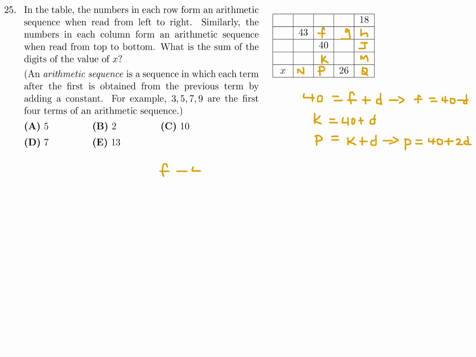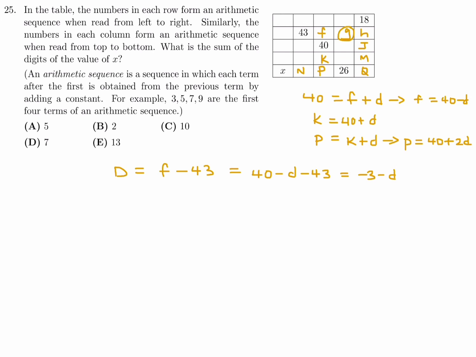F minus 43 is basically the difference there. And remember, the differences are different. That's why I'm calling it big D. But that's also going to be equivalent, since F is equal to 40 minus D, 40 minus D minus 43, which is negative 3 minus D. Okay?